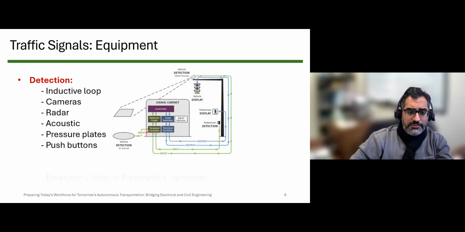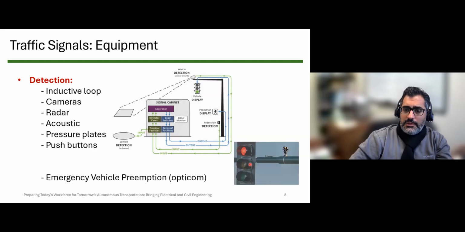There are other types of detection in place, like emergency vehicle preemption, Opticom. You might have seen this at some intersections, most of the traffic lights. This device is mainly to detect if there are emergency vehicles approaching a signalized intersection.